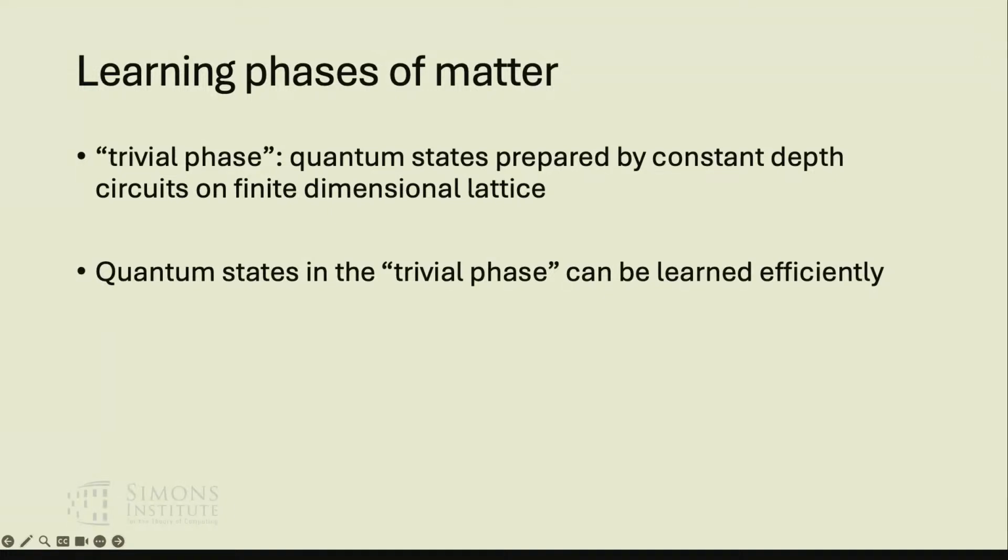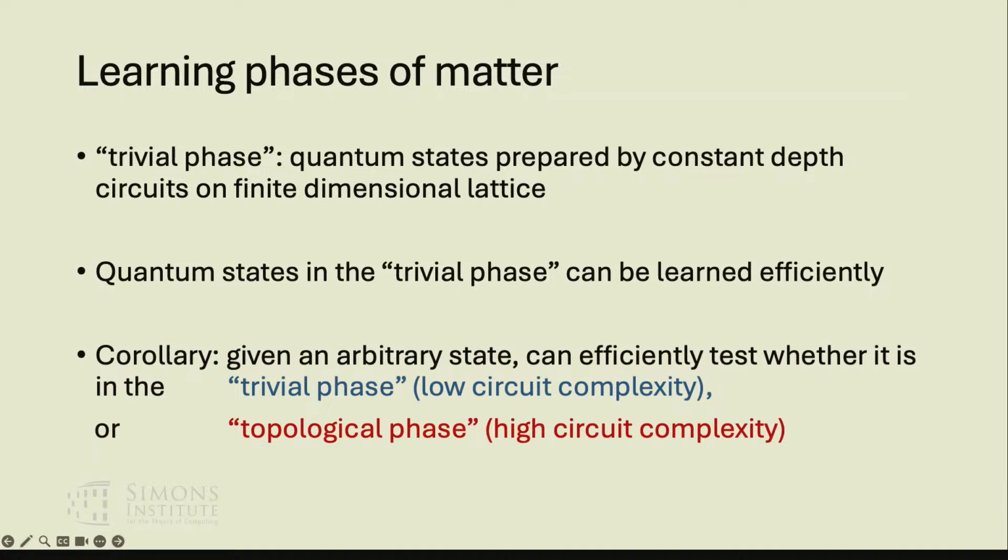And this directly gives a property testing argument. So given an arbitrary state, whether in the trivial phase or not, we can efficiently test whether it is in the trivial phase, in other words, has low circuit complexity, or in the topological phase, in other words, has high circuit complexity. That's the simple corollary.